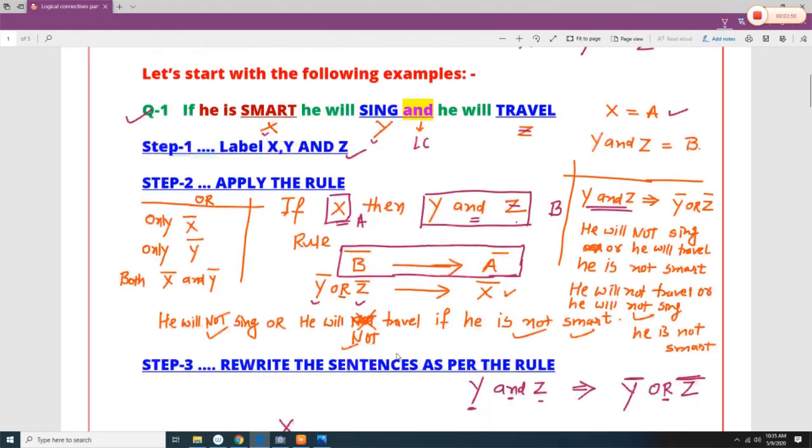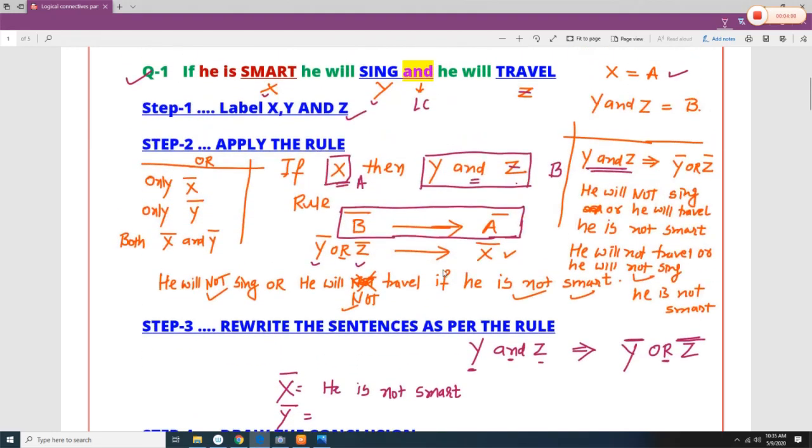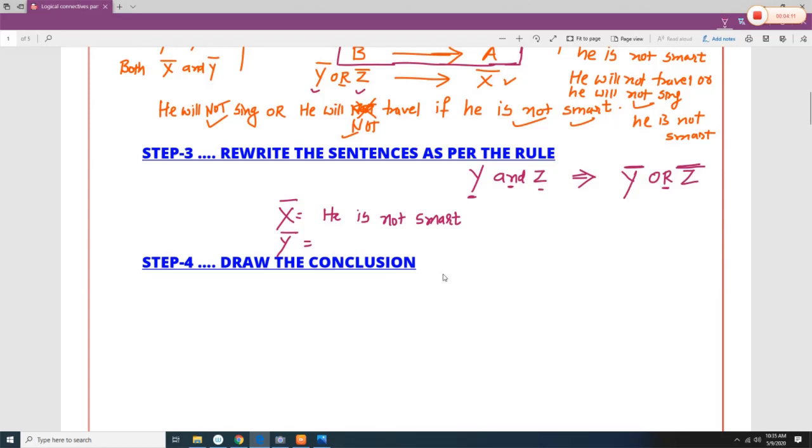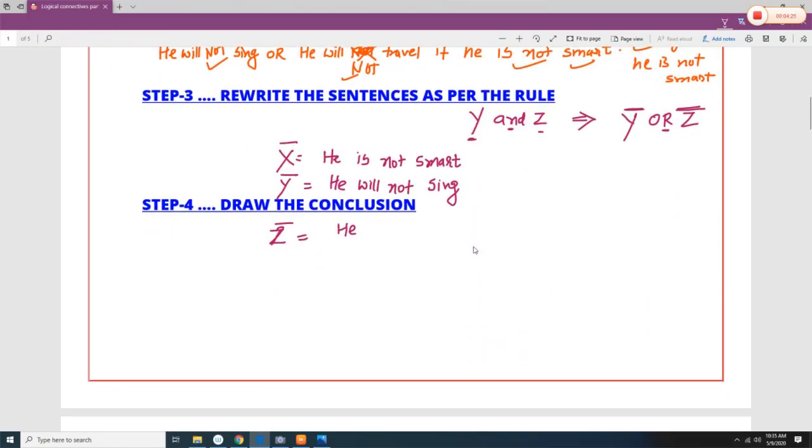He is smart. So what is X bar? He is not smart, correct? Then what is Y bar? Y is he will sing, so Y bar means he will not sing. And Z bar is what? Z is he will travel, so Z bar means he will not travel.